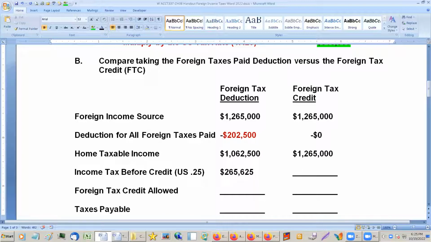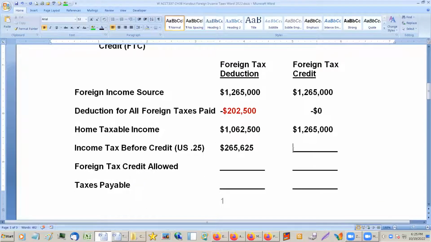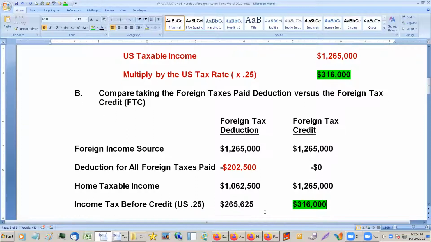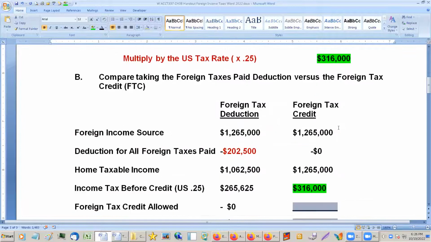And this one we actually already did. This one's going to be the 316. Tax credit allowed is 0. And here, the tax credit allowed is the 202,500.